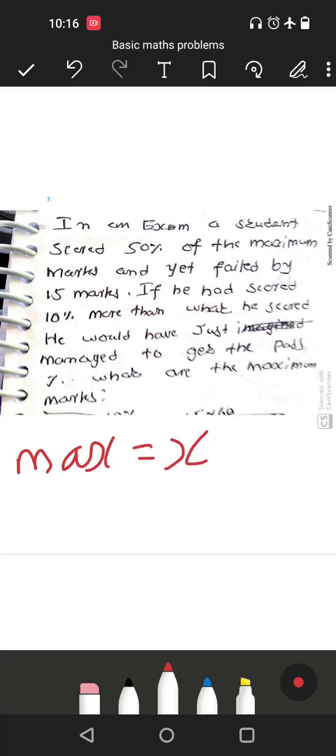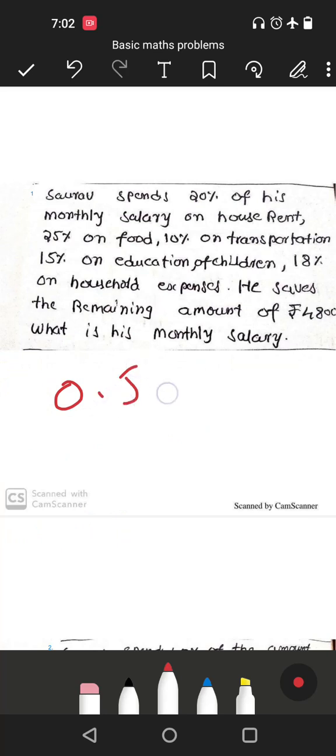So how much has he got? He got 0.5x, or 50% of the maximum marks. And if he scored 10% more, then he would have got the pass percentage. I'll write it like 0.5x, x is nothing but the maximum marks, into 0.10 is equal to 15.